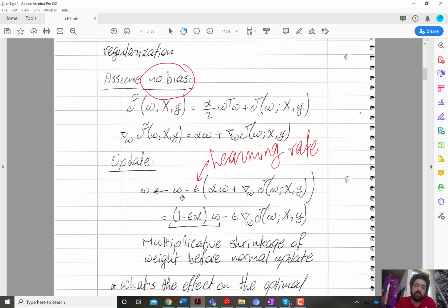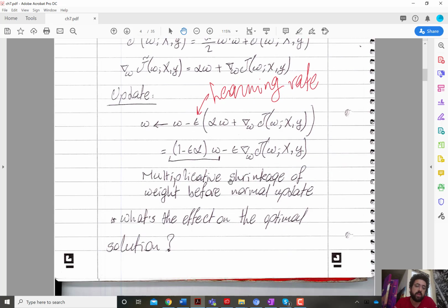So you have omega, and you go in the negative gradient direction because you're trying to minimize: minus epsilon, the learning rate, times the gradient, which is given by alpha omega plus the original gradient. Then you end up with 1 minus epsilon alpha times omega, minus epsilon times the gradient of the cost. This last term is the normal update: normally I would have taken omega and subtracted the learning rate multiplied by the gradient of the cost function. The new thing here is that I shrink the weight before I carry out the normal parameter update.